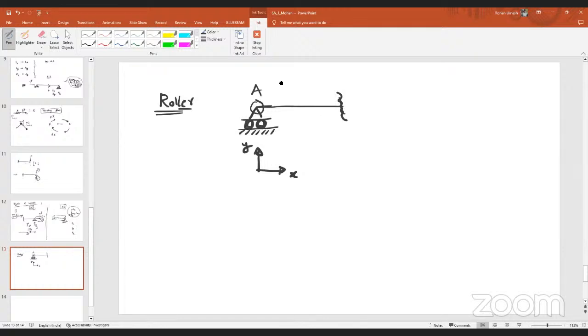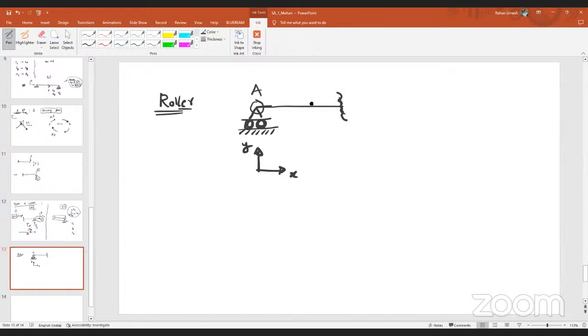No. So if any point can freely move along one particular direction, then resisting forces will not develop. Here, as the rollers are placed along the X direction, and it can freely move along that direction, resisting forces will not develop along the X direction.